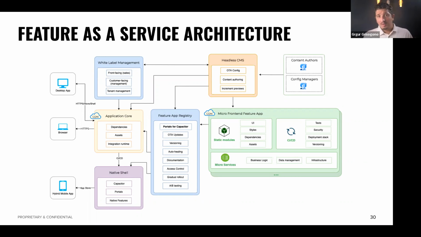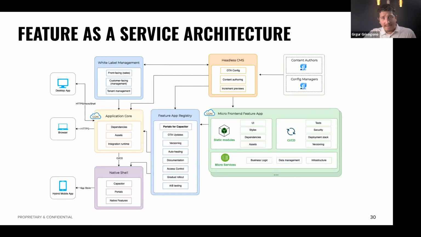The ecosystem is improved by adding the feature app. So micro frontends, we start calling feature apps. Feature app registry in the middle. Now this registry is really cool. It knows what all of the available features, or micro frontends, feature apps are, knows their versions, compatibility tables, documentation, where they're implemented, and so on.